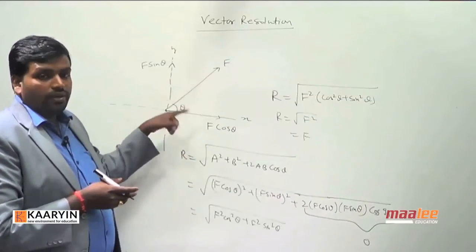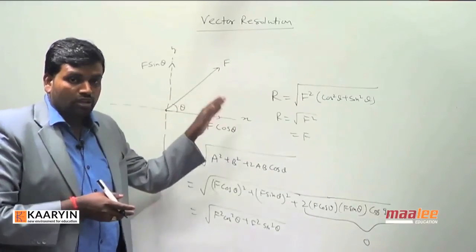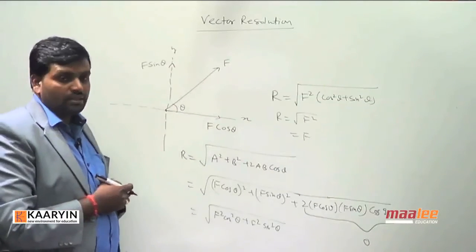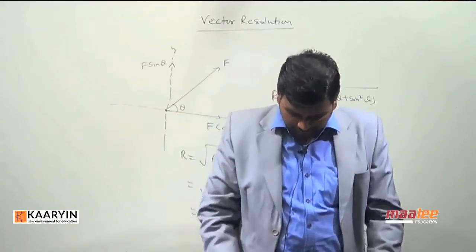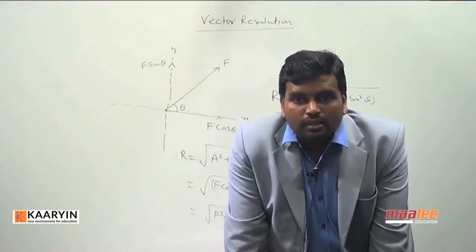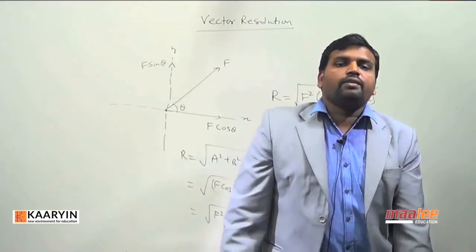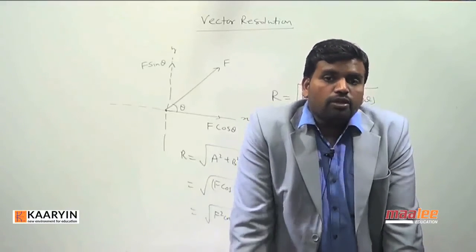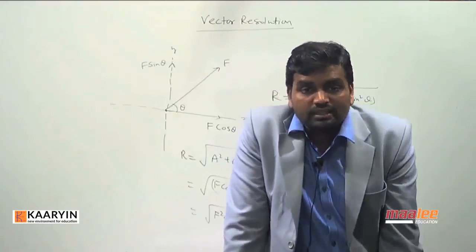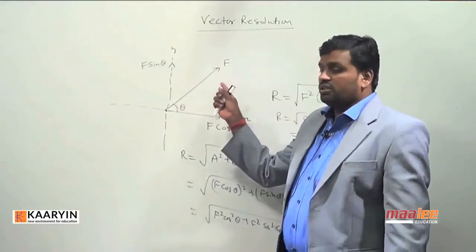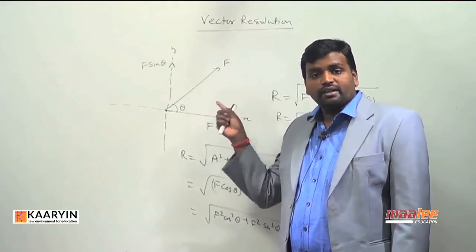This F you have resolved into two parts, you have split it up into two components along mutually perpendicular lines, and they both give the same effect as given by the original one. So how to define it? We will say vector resolution is a technique or process by which a given vector quantity can be split up into two mutually perpendicular components whose effect is the same as the effect of the given original vector quantity.